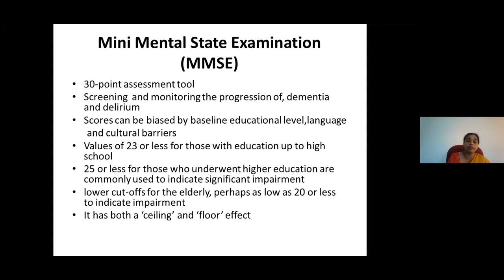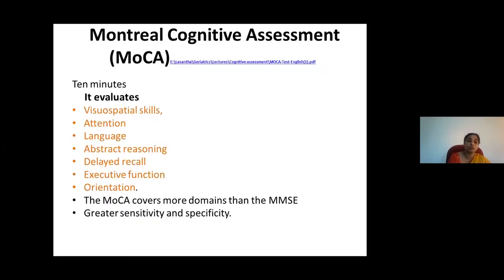The floor effect means that even if you score 0 out of 30, that doesn't mean that your cognition is zero. They have some cognition, because again, it does not assess some of the components of cognition. Having said that, the next test, a little more advanced than the MMSE, is the Montreal Cognitive Assessment.